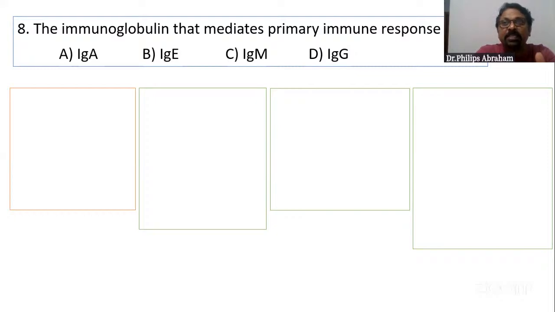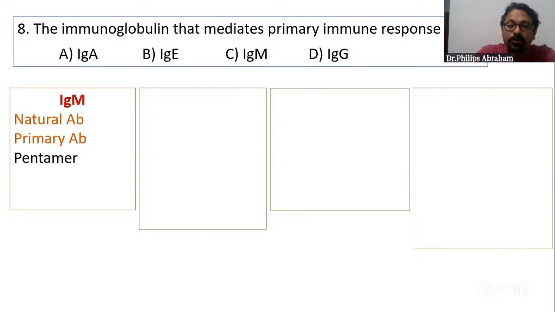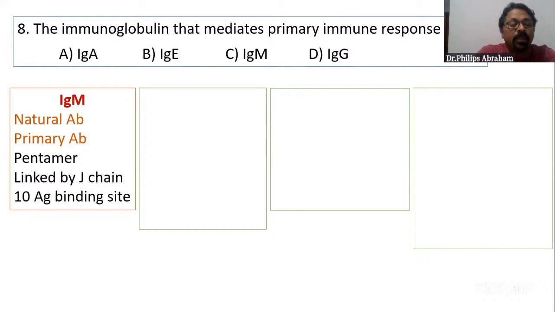Because of this, it's more effective in phagocytic reactions. IgM, natural antibody, primary antibody. It's a pentamer, so it has 10 antigen binding sites, and these 5 units are linked by the J chain.